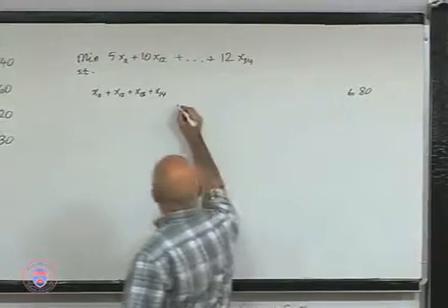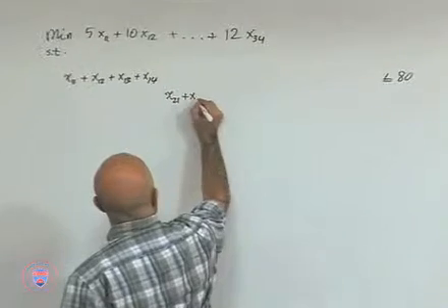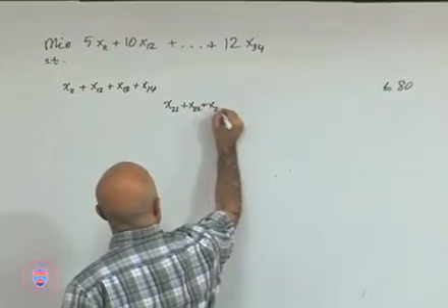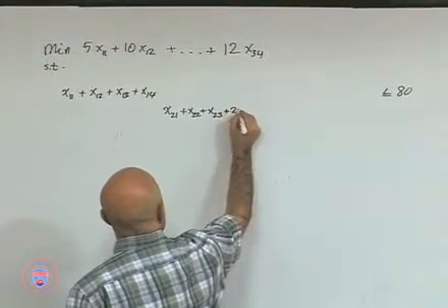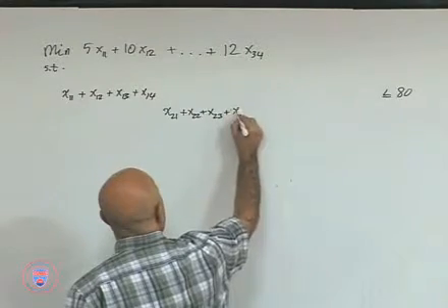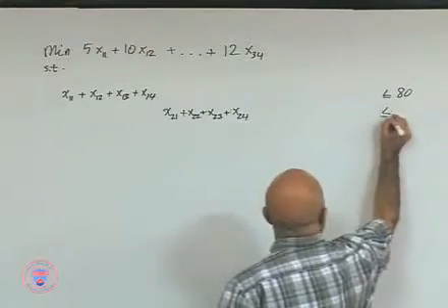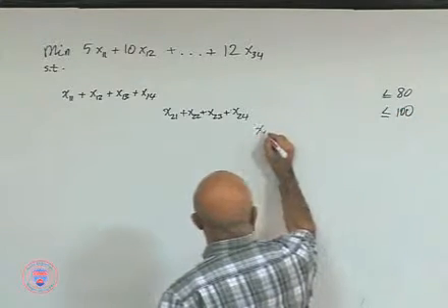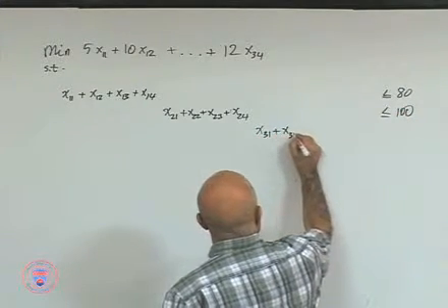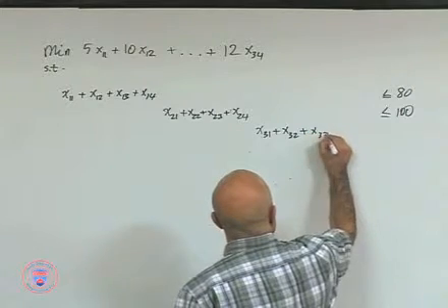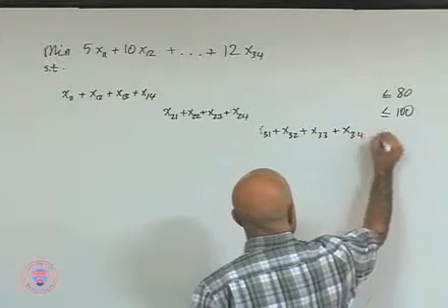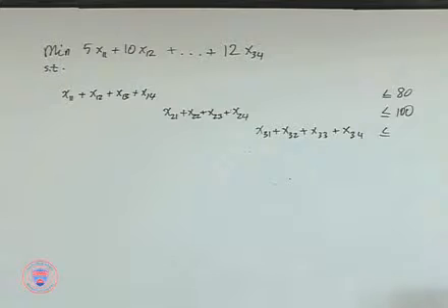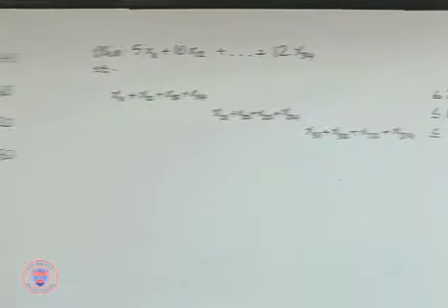Second one, x21 plus x22 plus x23 plus x24, no more than 100, and x31, x32, x33, x34, no more than 50. These are your supply constraints.